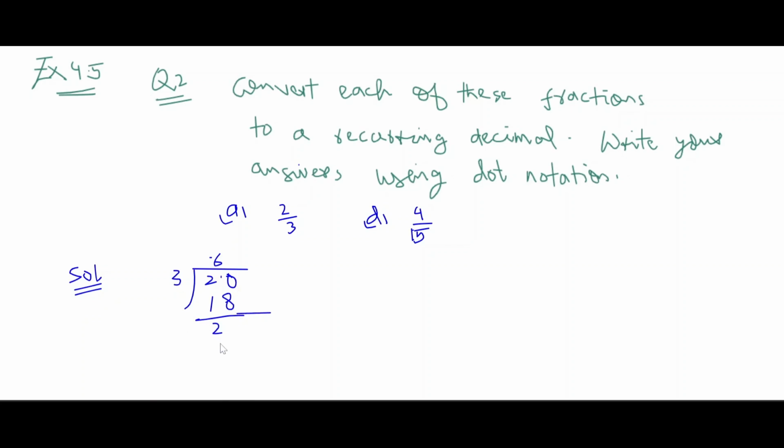Now 0 will come down and we divide 20. Similarly, we get 6, 18 and 2. Now it will recur. So part A, 2 by 3, is 0.666 and so on. We can write it as 0.6 with a dot on top.